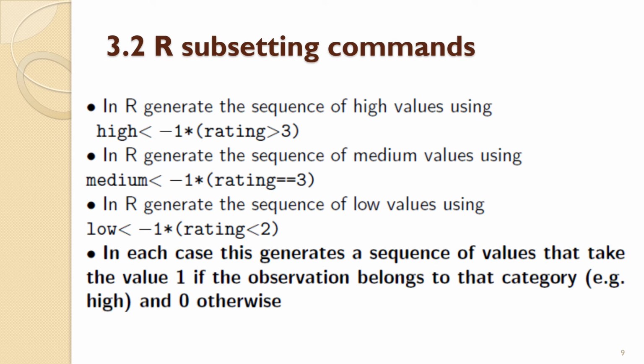What is happening in each case is that you get a sequence of values that takes the value 1 if the observation belongs to that category and 0 otherwise. All this is just a very convenient trick in R to convert from logical data to numerical data. This is the easiest way to use this logical data, get it into a numerical format that you can then fit a statistical model to.